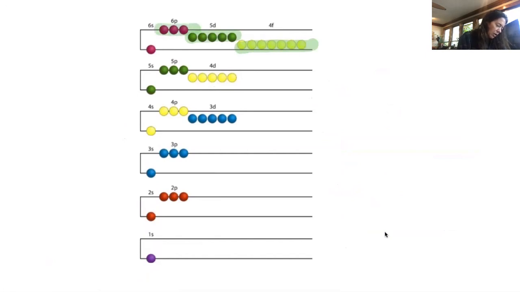I can also see that the 4p has less energy than the 5s, which has less energy than the 4d, which has less energy than the 5p. Whatever's lower down has less energy. It's a less energy location, and the electrons there are more stable.